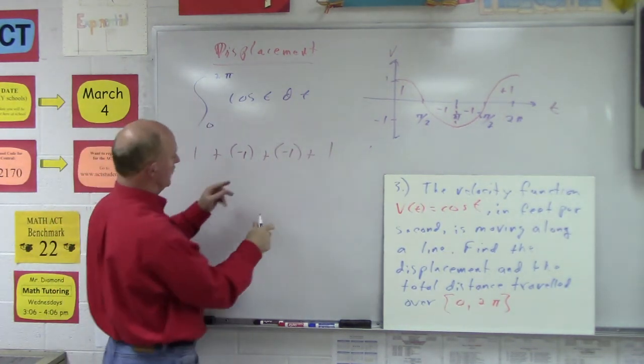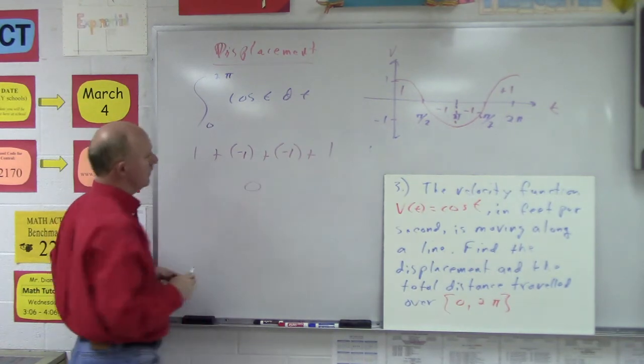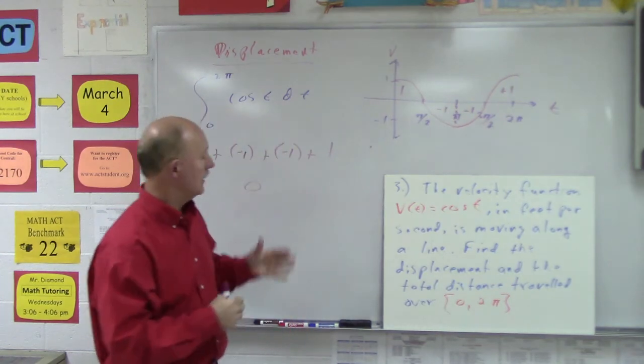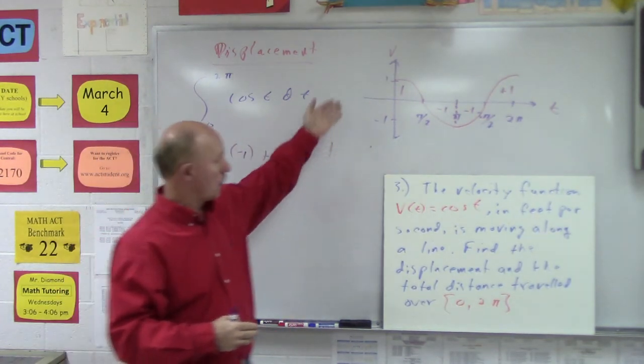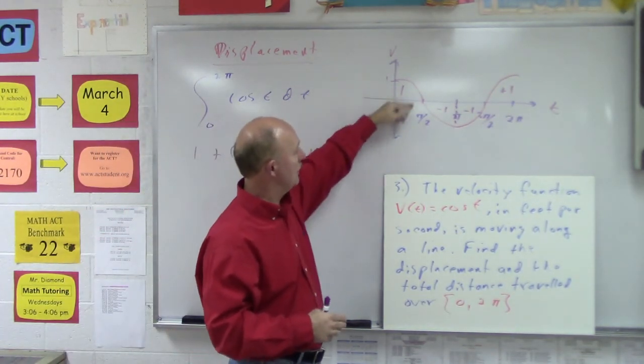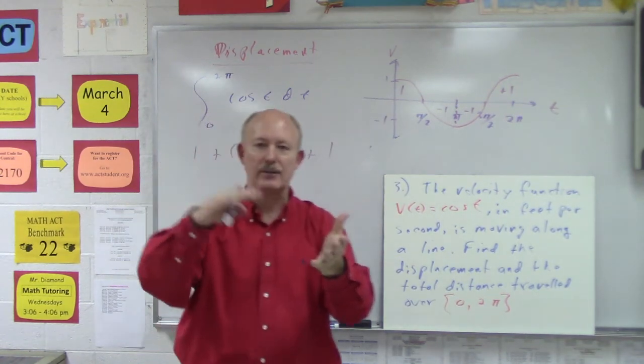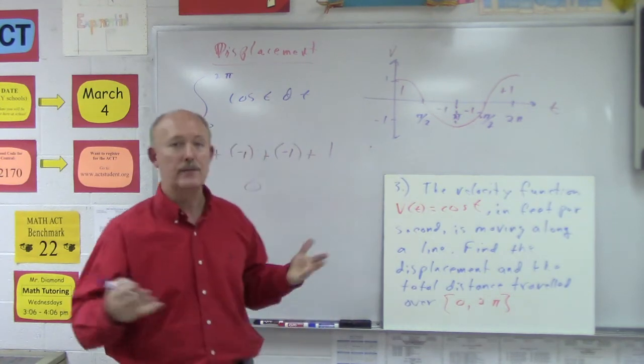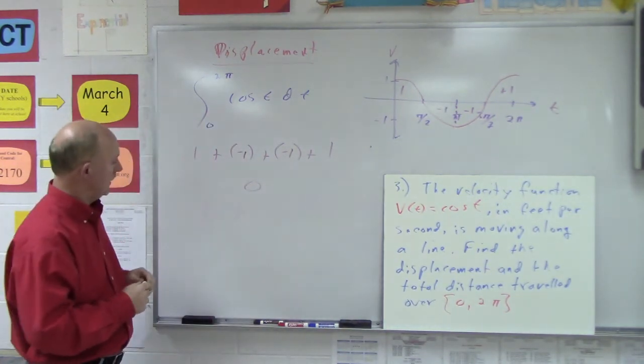You add these up, and it gives you 0. So the particle is basically right back where it started from. Just by looking at the graph of cosine, you can see you have an equal area above the x-axis as you have below the x-axis. Those areas will cancel each other out if you're just looking for the displacement.